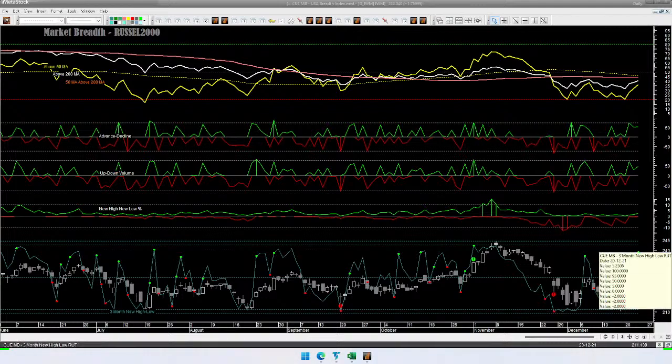We also had an indecision doji candle. I'll come back to the candle, but let's look at percentage of stocks above 50 MA for Russell 2000. I mentioned that this plot can also be used to decide oversold condition.